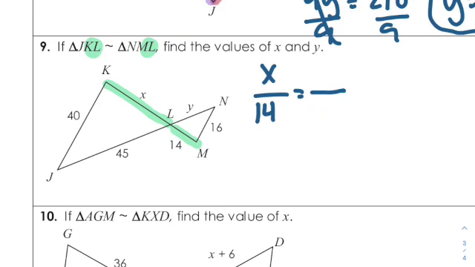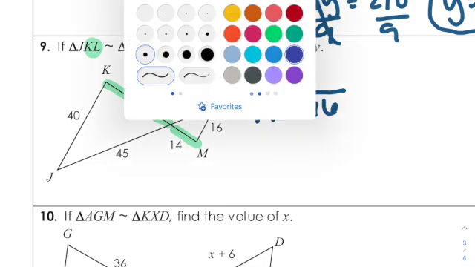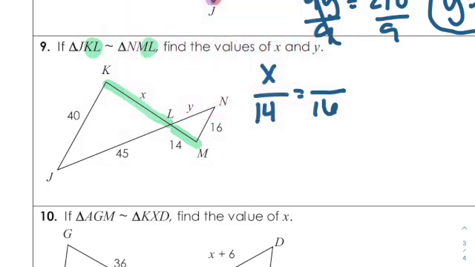You should say the bottom because remember x is from the large triangle and 14 is from the small one. Okay? Big triangle, small triangle, small triangle. It always has to be like that or it's possible you're going to get it wrong. We don't want that, right?